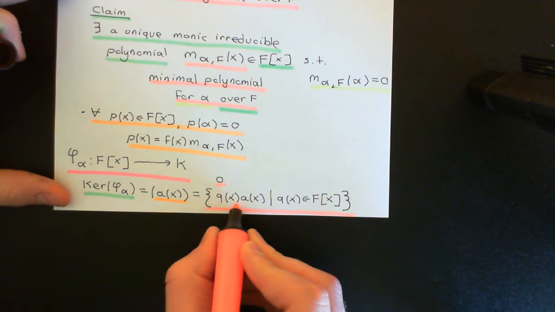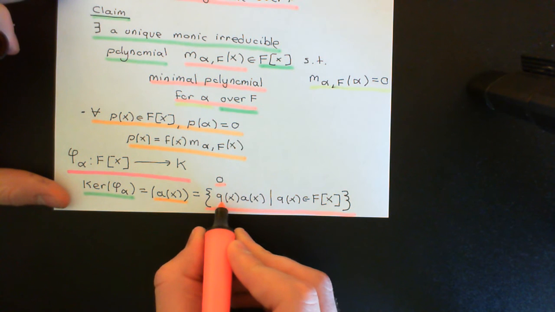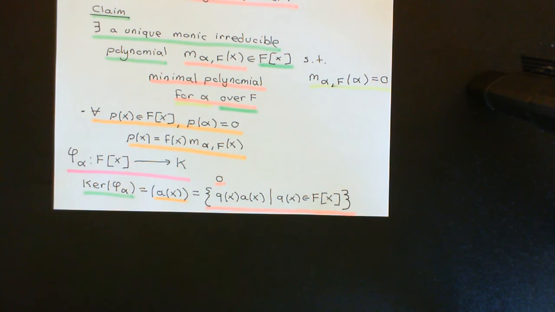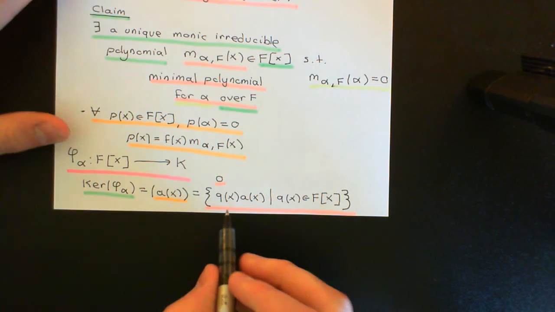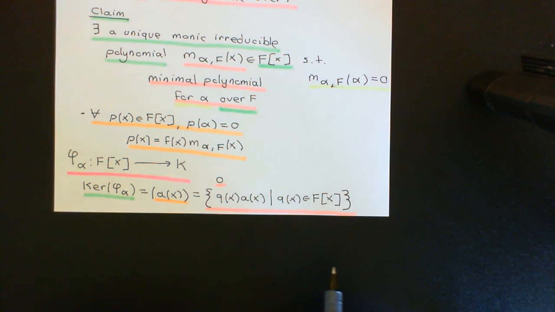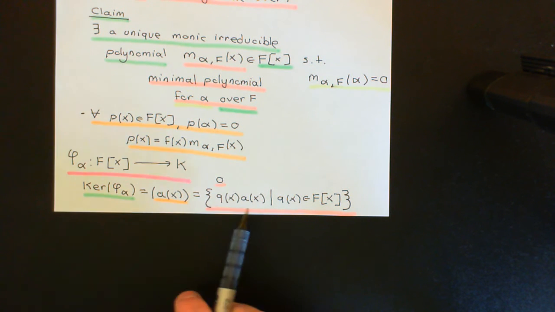But for all other q of x, whether a constant polynomial or a non-constant polynomial, anything but the zero polynomial, this product q of x times a of x is always going to have degree greater than or equal to the degree of a of x. It will just go up and up. So the one exception is the zero polynomial; every other product has degree greater than or equal to that of a of x.